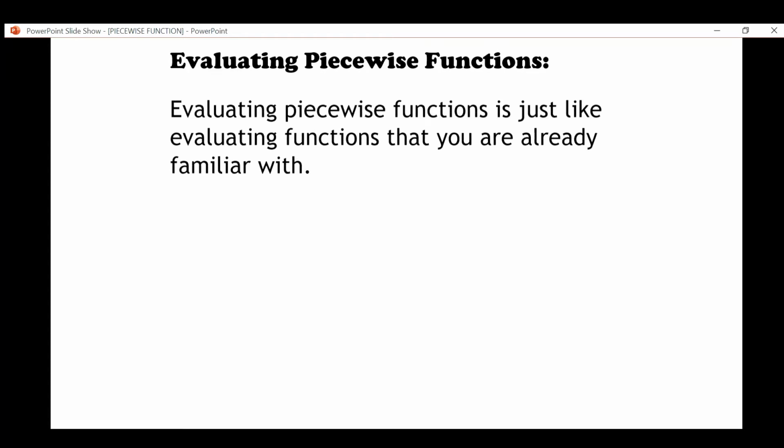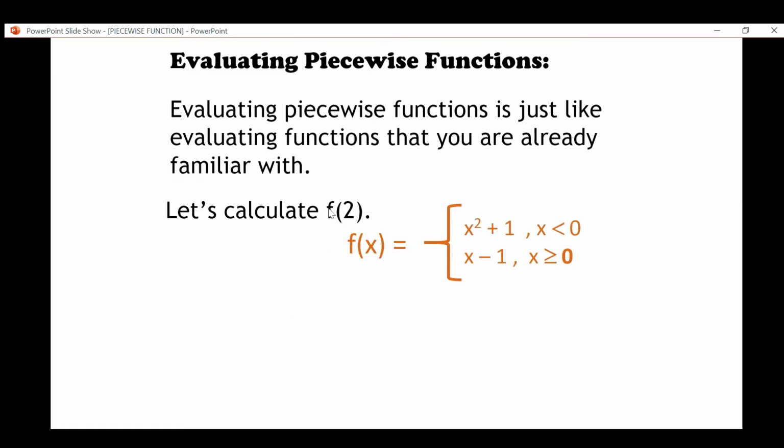So, evaluating piecewise function. So, last time, hindi natin 'to na-include dun sa evaluating natin ng function. So, this time, evaluate natin siya. So, evaluating piecewise function is just like evaluating functions that you are already familiar with. So, for example, let's calculate f of 2. So, we have this. So, pag dalawa na, class, yung nakita natin dito na function, ibig sabihin, yung real number line system natin is hinati siya into 2.